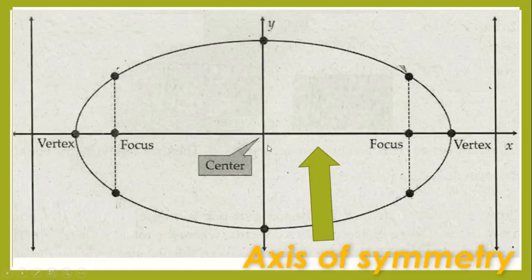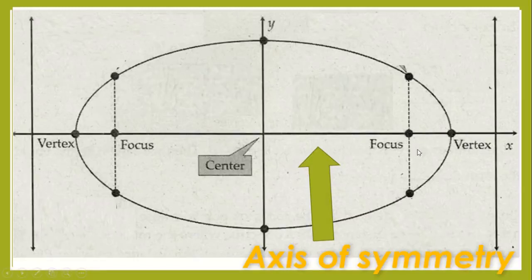Nangyari dito, yung center ng ating ellipse is also naroon sa origin of the XY plane. So, ibig sabihin, ang center of the ellipse is at 0, 0. Okay? So, yung axis of symmetry natin, sabi, dadaan daw sa focus at dadaan din sa ating vertex. Sa makatwid, ito yung ating axis of symmetry.